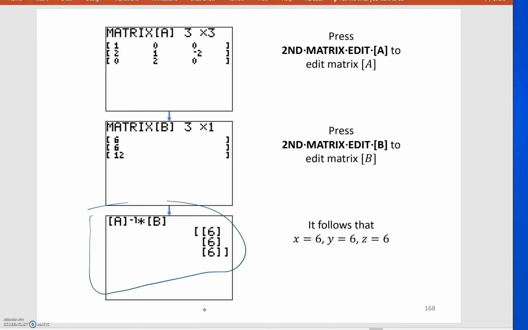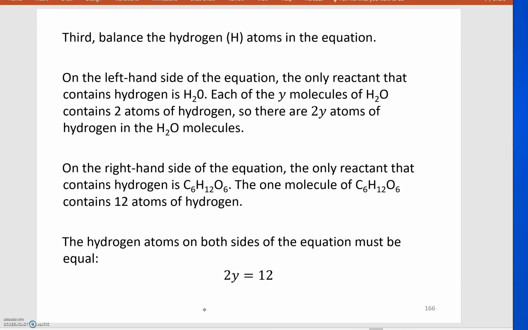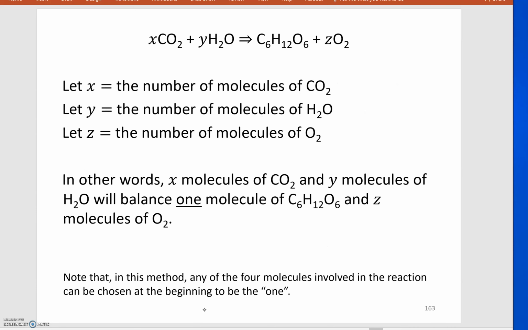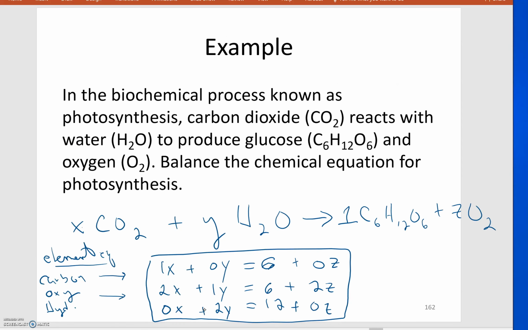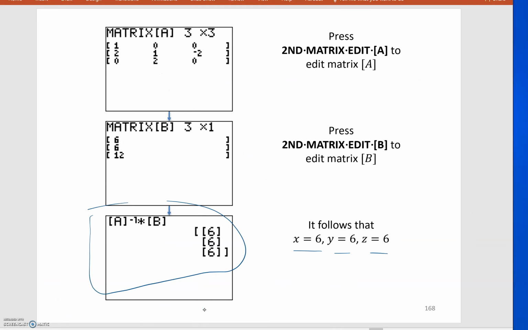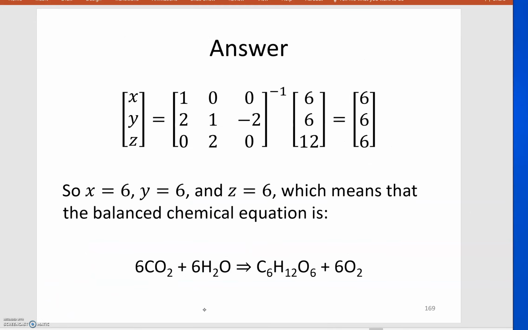In this case, we get the number of molecules of each reactant and product that will produce exactly 1 molecule of, what was it? We were making glucose, right? Yes, glucose. Okay, so that's a slightly harder chemical equation problem.